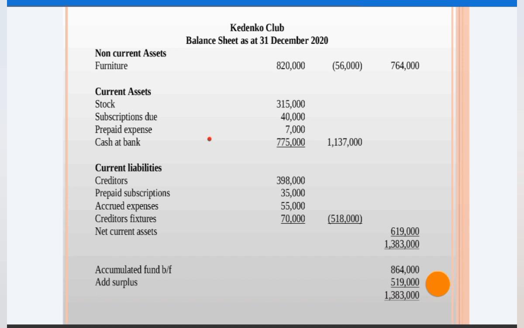After that, we were able to also look at the accounts that are prepared by these organizations, and we are able to see the three accounts: the balance sheet, the income and expenditure account, and the receipts and payments account, and of course an illustration to show how this is prepared.